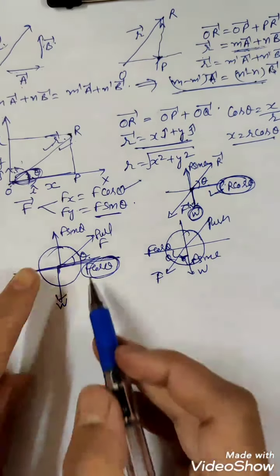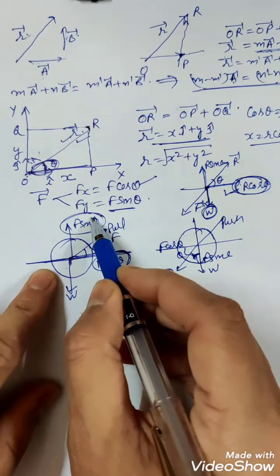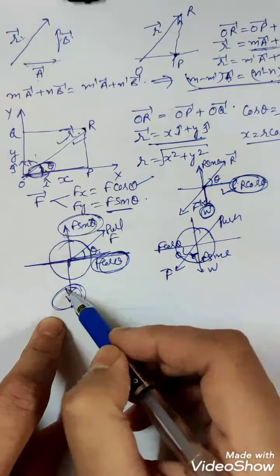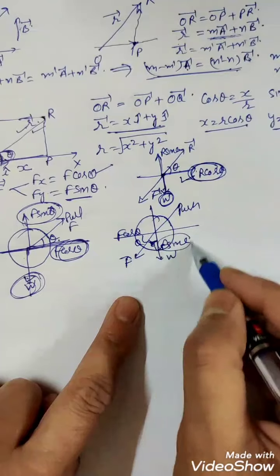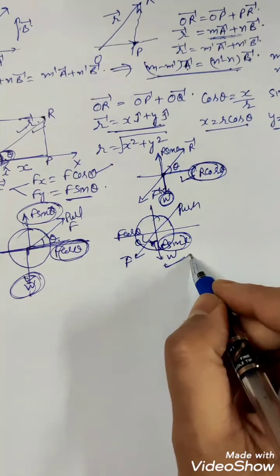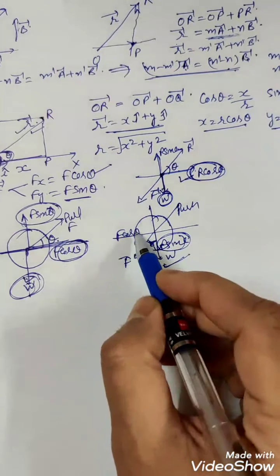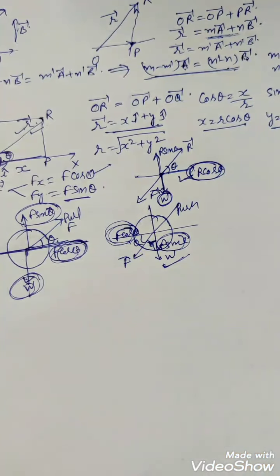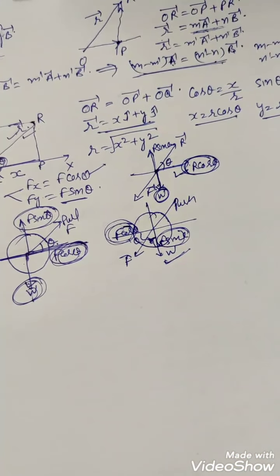Here the sin theta component decreases the effect of the weight when pulling, because it acts in the opposite direction, but when pushing this component adds to the weight and increases its effect. The same force is used to push or pull, so it is easier to pull than to push.